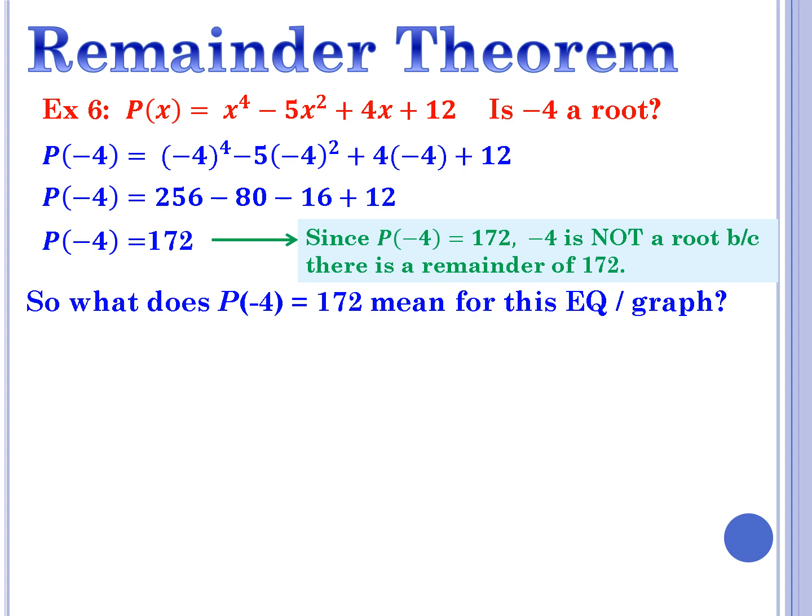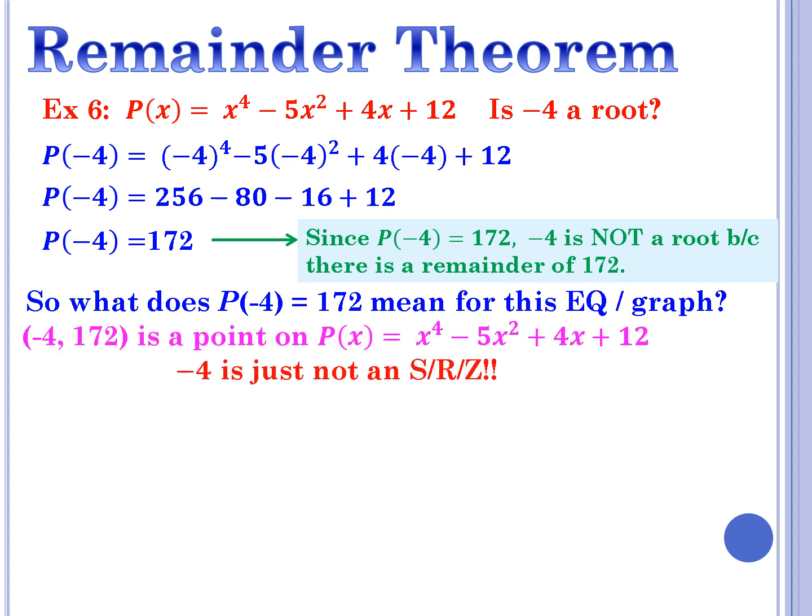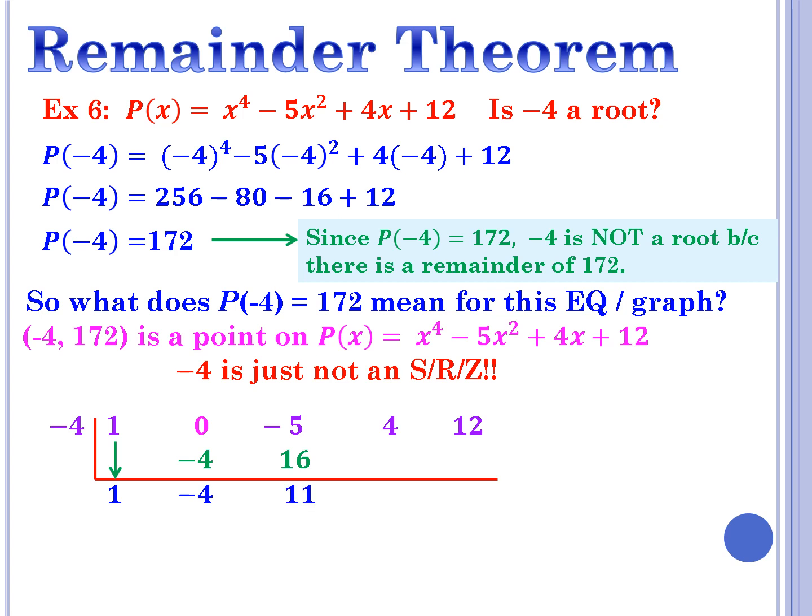So what does it mean for this equation and graph? Well, like I told you, it's a point on the curve. It's negative 4, 172. It's just not a root or an x-intercept. Now, for the remainder theorem, you don't need that 0 term because you're just plugging and chugging. But if you were to test it through synthetic division, you would see you get the same answer.